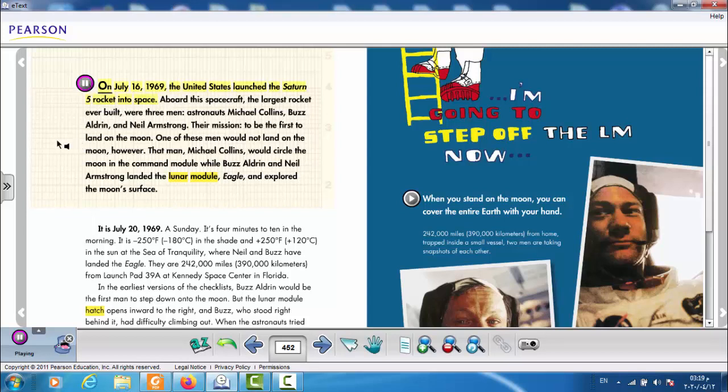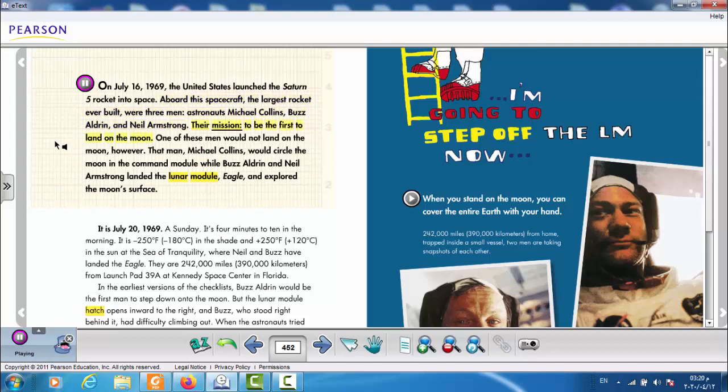On July 16th, 1969, the United States launched the Saturn V rocket into space. Aboard this spacecraft, the largest rocket ever built, were three men, astronauts Michael Collins, Buzz Aldrin, and Neil Armstrong.